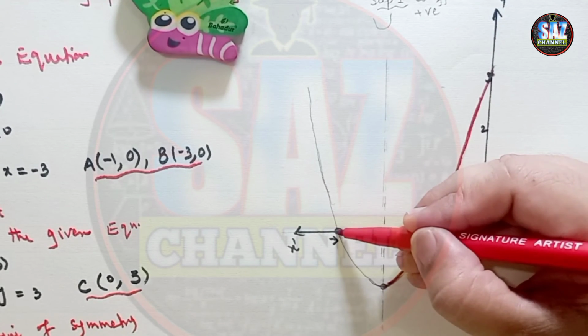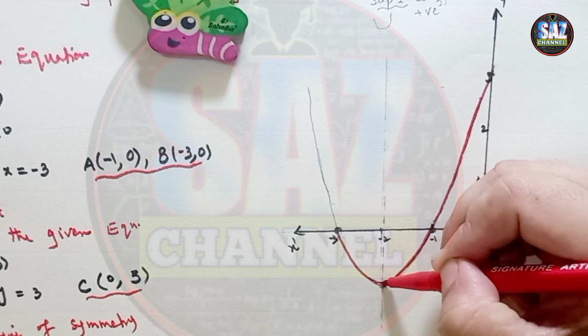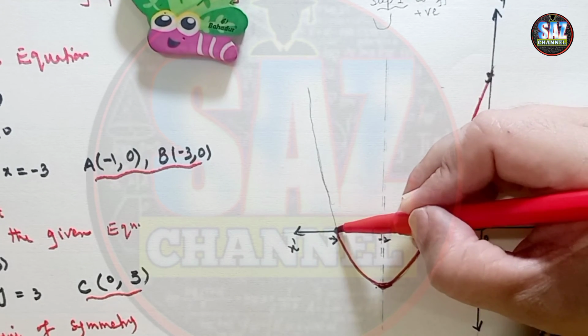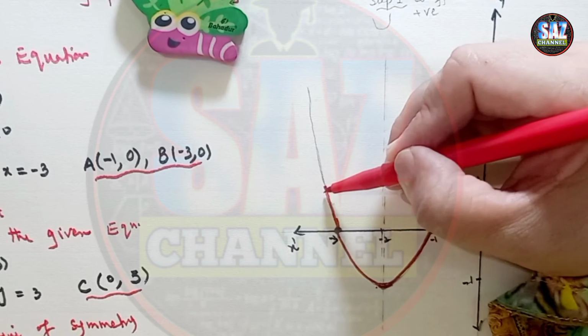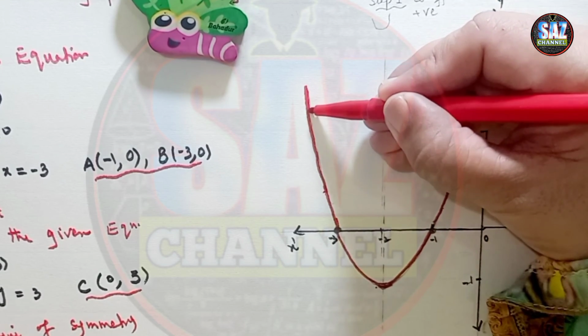Then we join this intercept with the minimum point, and then we go upward. Enjoy your work, really easy and interesting work.